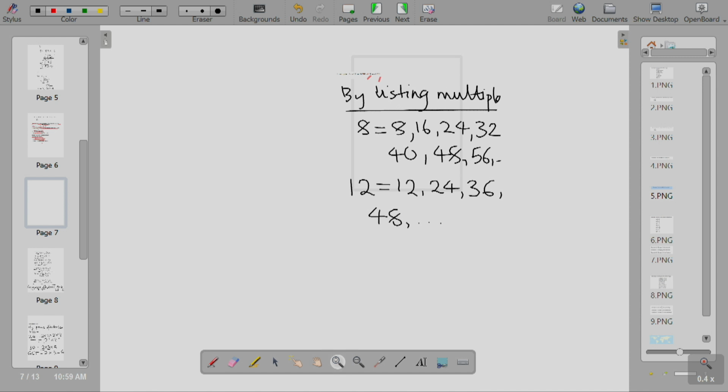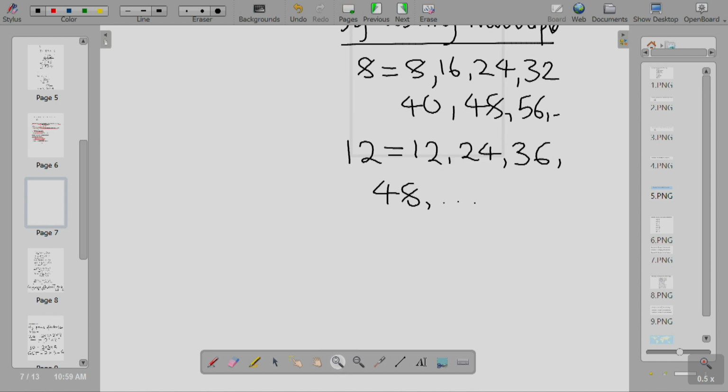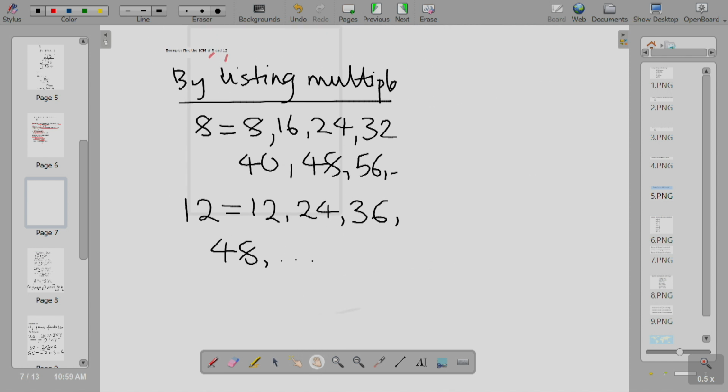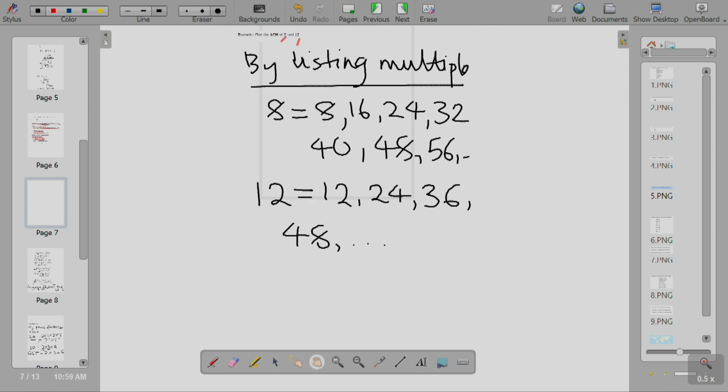So we got multiples of 8: 8, 16, 24, 32, 40, 48, and continue. And we got multiples of 12: 12, 24, 36, and 48.